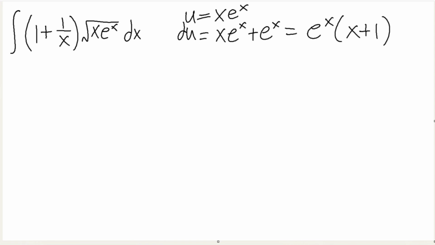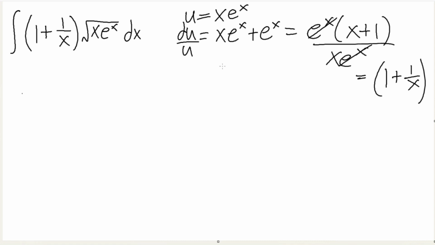So what I notice is if I divide both sides by u, and u is equal to x e to the x, this cancels out, and I get something like x plus 1 over x, which is 1 plus 1 over x, which is exactly what we have here.